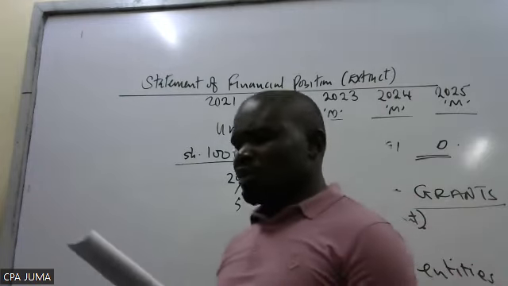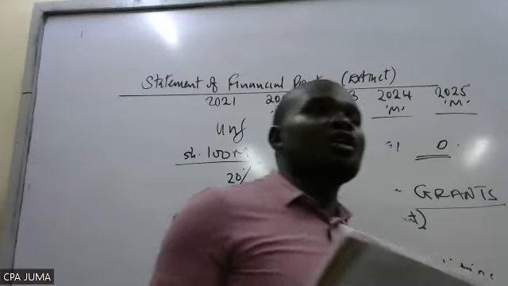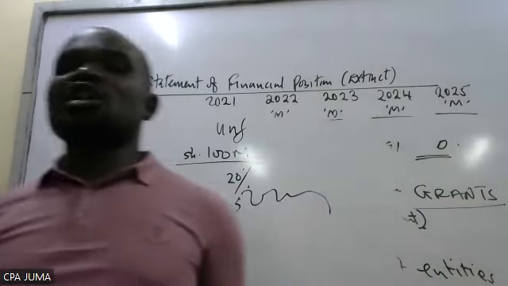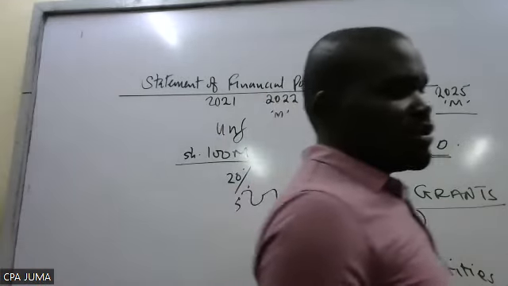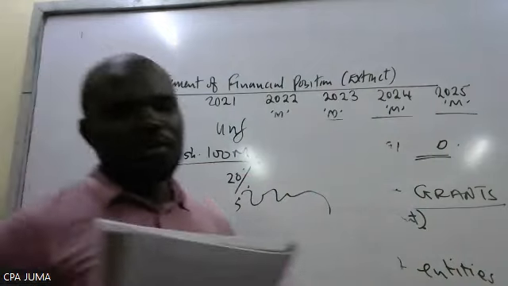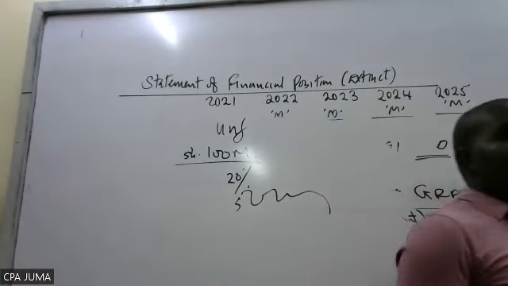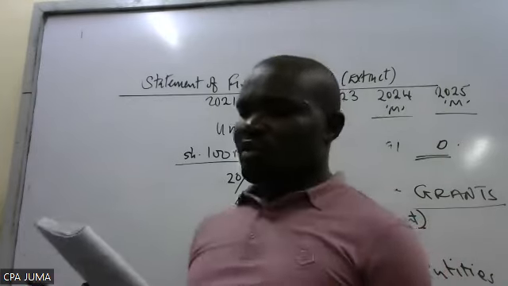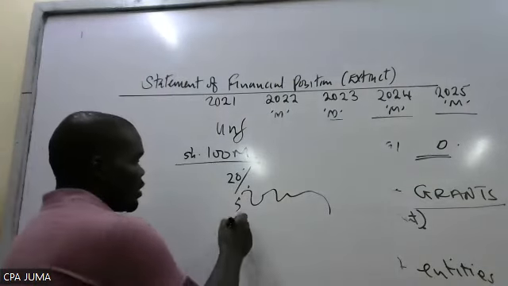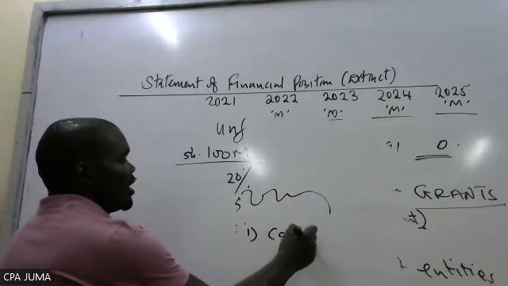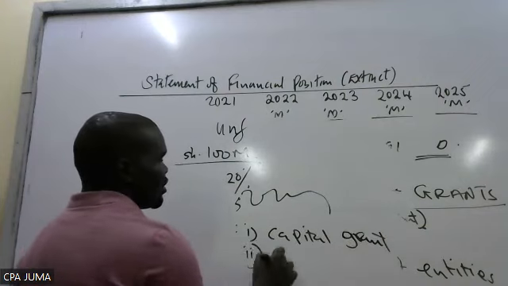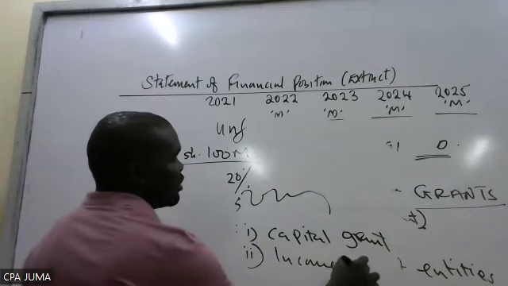Required: prepare extracts of the financial statements, assuming that the grant is, Roman 1, a capital grant, and Roman 2, an income grant.